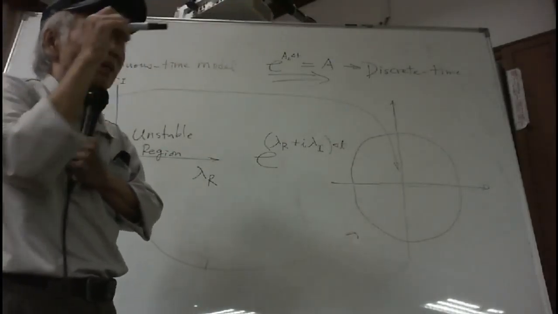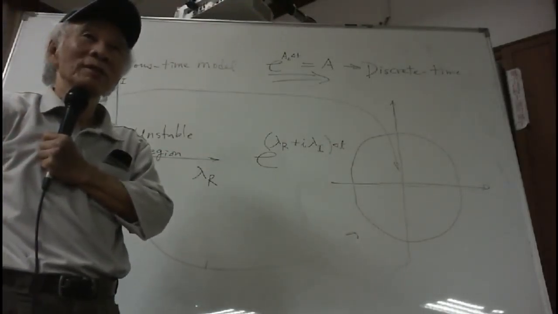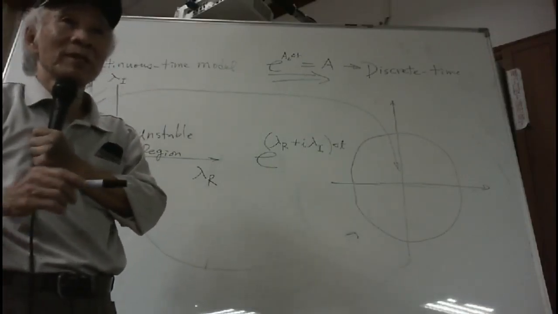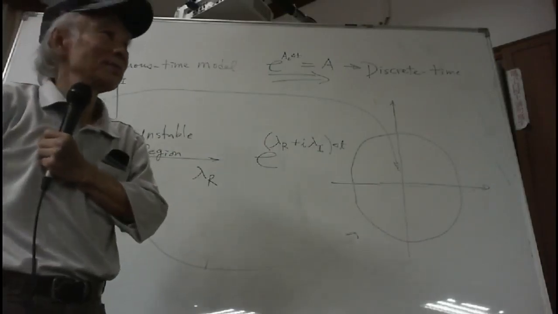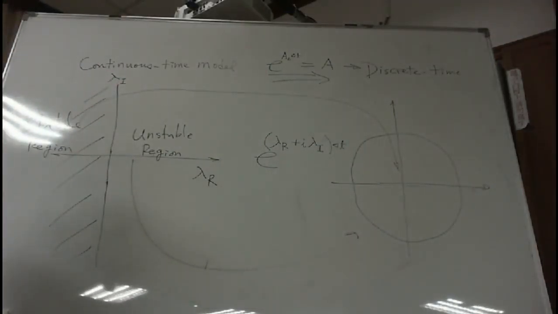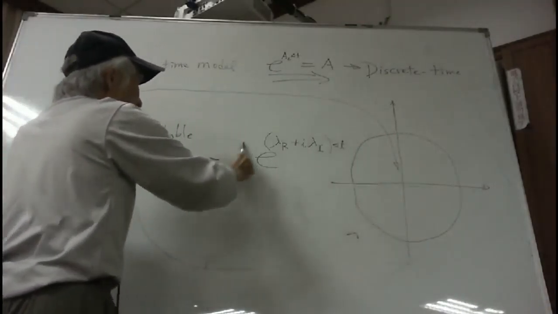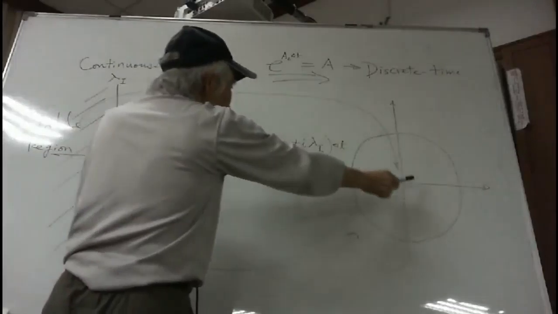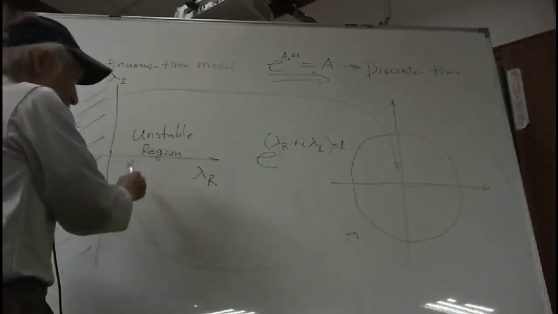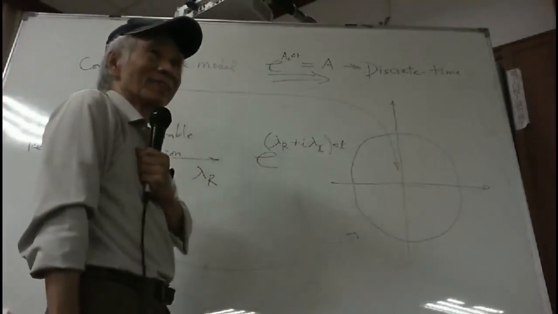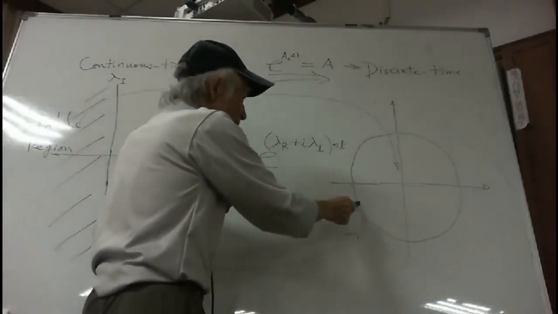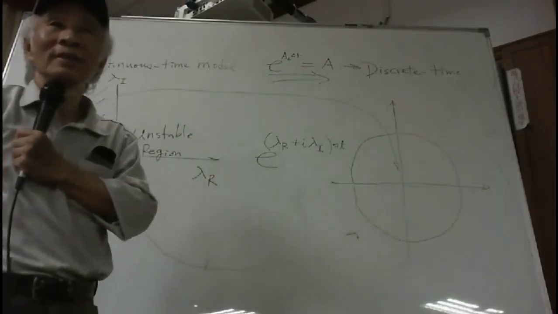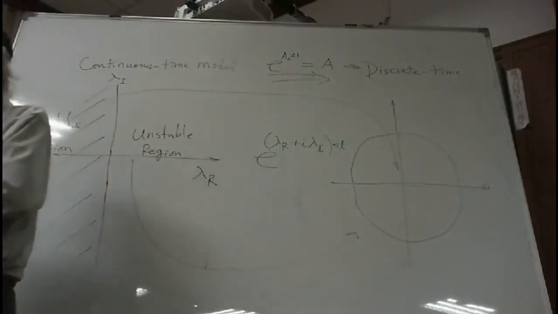So that's why I want to choose lambda 1, lambda 2 so that the amplitude must be less than 1. The stable region will map through this exponential function inside the unit circle, and the unstable region outside of the unit circle. When lambda r equals 0, that's on the unit circle.